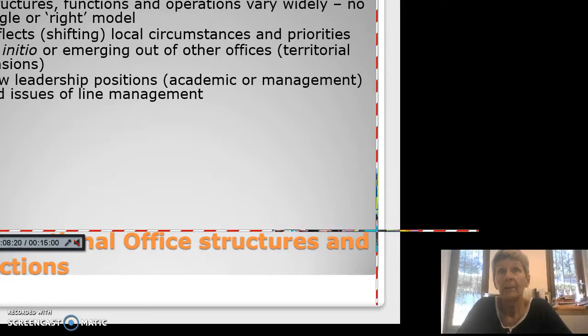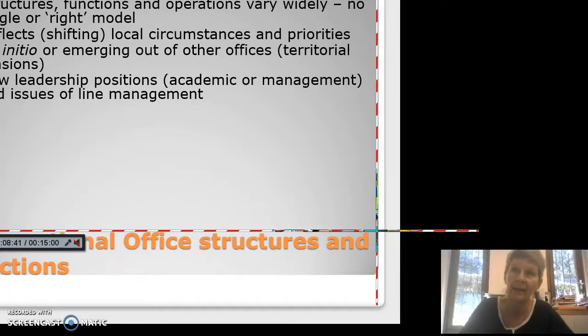We see how the responsibilities for internationalisation are changing, and that very often new leadership positions are being created, either academic or management, so not just the head of the international office, but who that head of international office will report to.